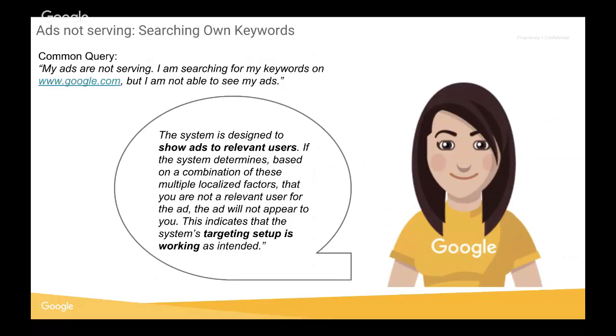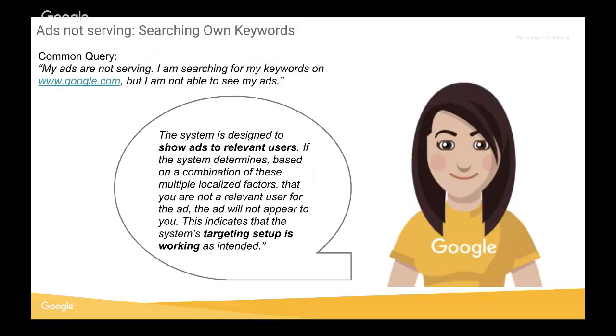If the system determines that you are not a relevant user, then you won't be shown this ad. This determination is based on a combination of multiple localized factors, by which the system will gauge whether you as a user are the target audience or not. If you're not, then you won't see the ad.